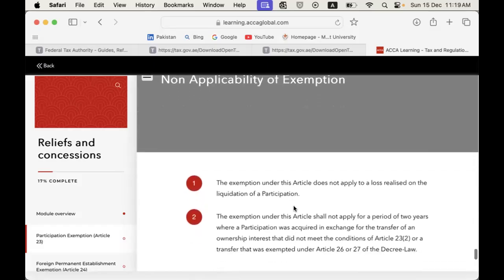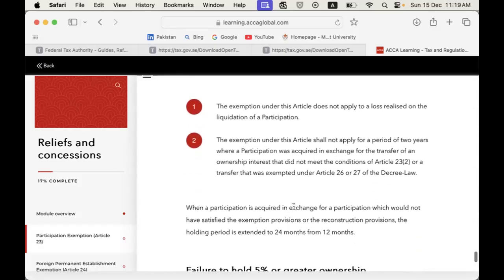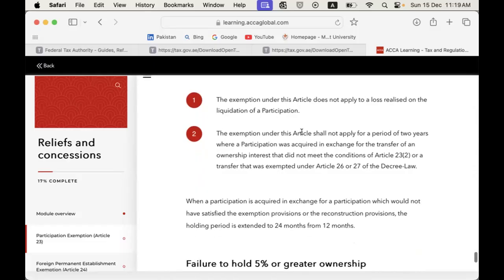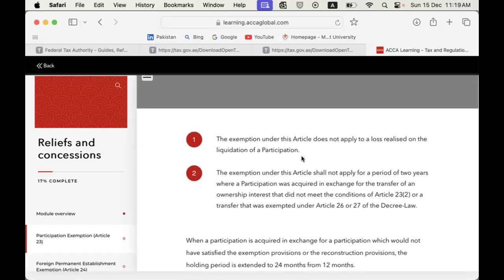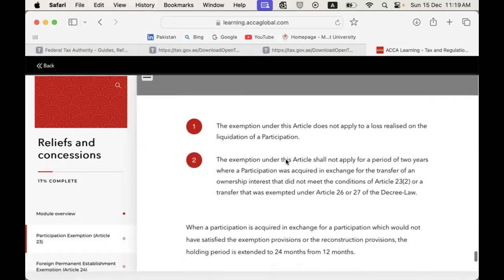Non-applicability of the exemption. The exemption under the article does not apply to a loss realized on the liquidation of a participation. So why would a loss on liquidation of a participation not be exempted, and what will be the consequence of this?